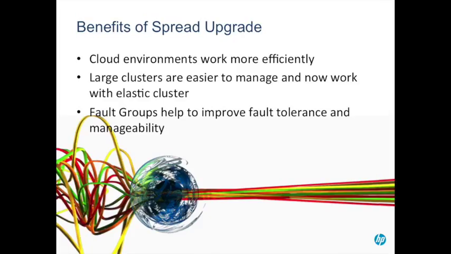So now Elastic Cluster will work with the spread, and large clusters also can employ the idea of fault groups, which is what we're going to talk about next. And fault groups' goal is to really improve the fault tolerance, or reduce your risk involved with setting up your nodes. So that's what we're going to talk about next.